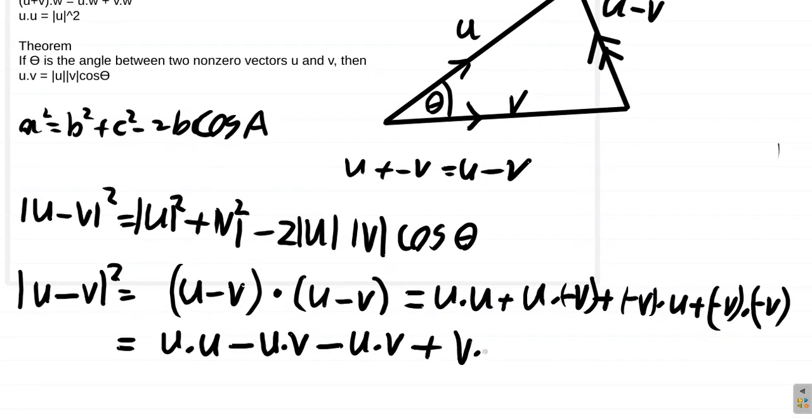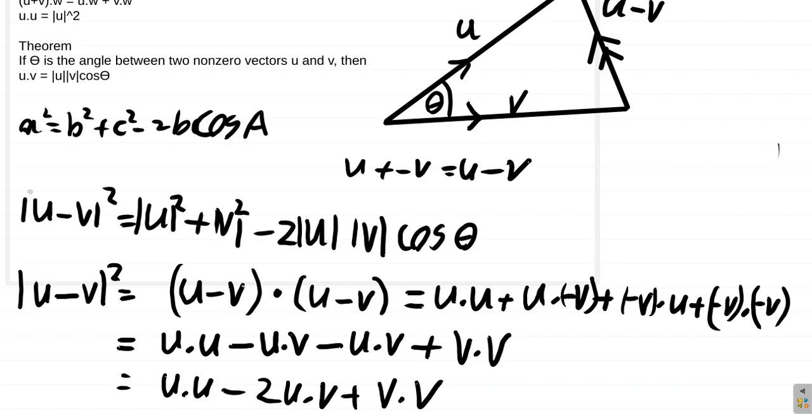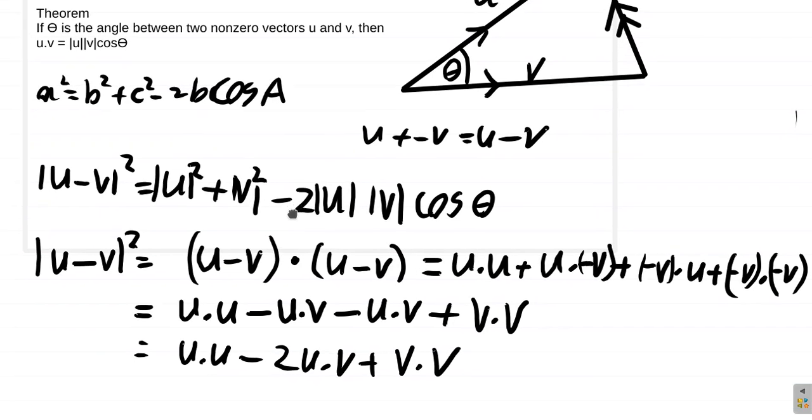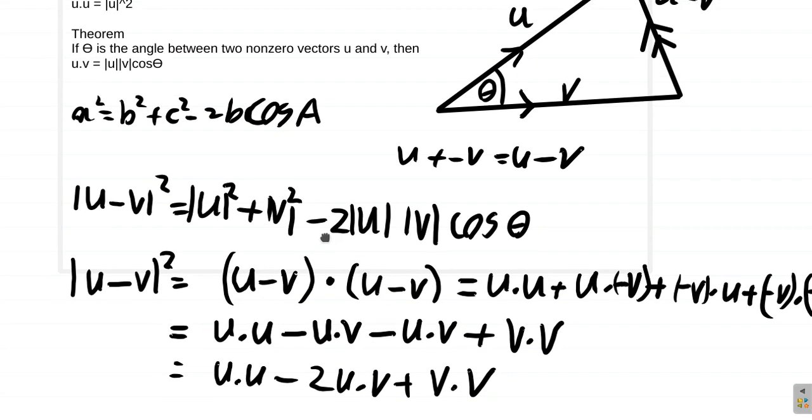Plus v dot v. So this part is the same as u dot u minus 2 u dot v plus v dot v.